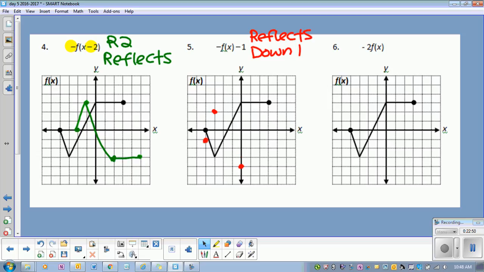So there I am. And then the last one, that guy is up 3, so I have to go down 3 and then down 1. And then I need to connect. There we go. How are we with that?